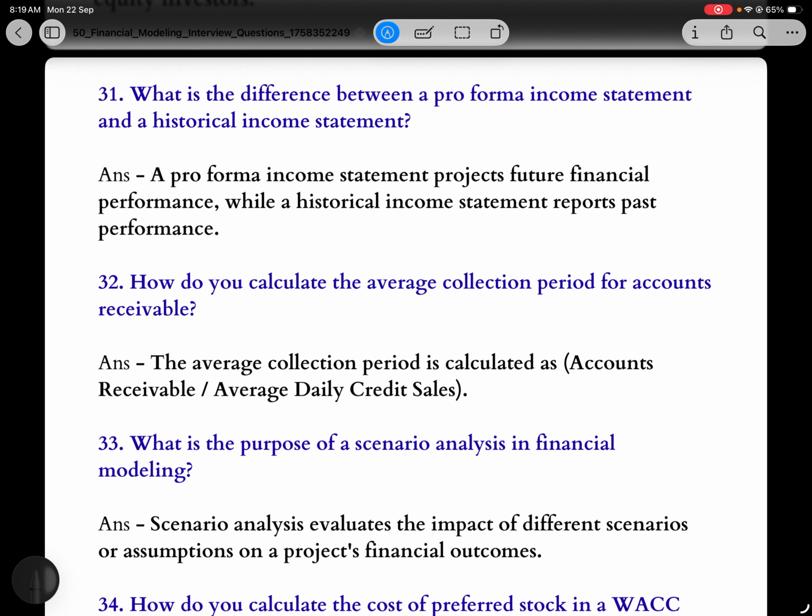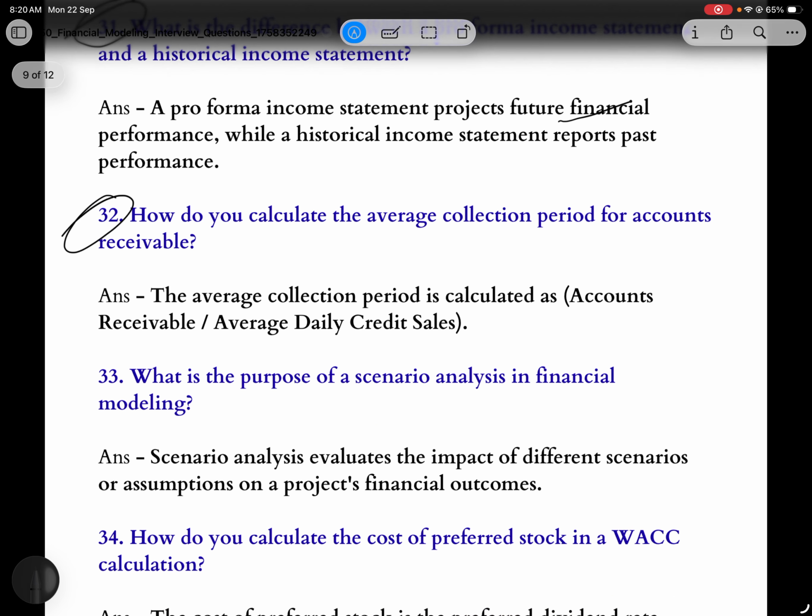Next is, what is the difference between a pro forma income statement and a historical income statement? Pro forma is future financial performance. Historical is of course past, the name itself suggests. 32 is, how do we calculate the average collection period for accounts receivable?